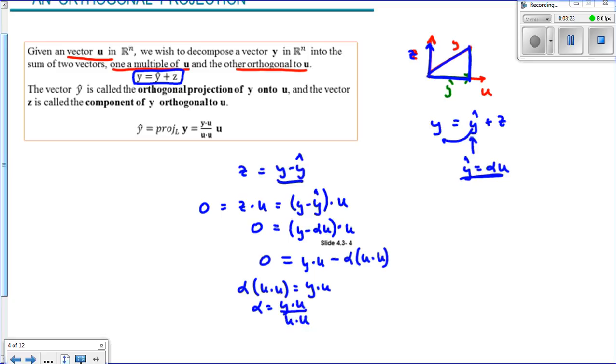So if I'm trying to find y hat, which is the projection of y onto u, where they're just calling L the line passing through u, that's just going to equal the alpha. We're saying that y hat was alpha times u. Here's our alpha, times the vector u, because that's not a vector.